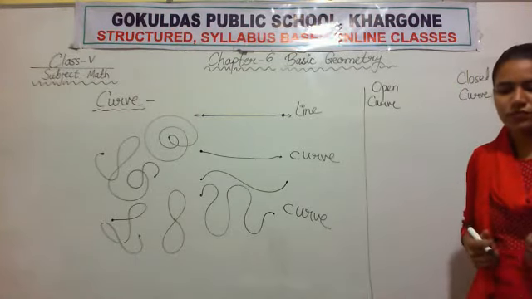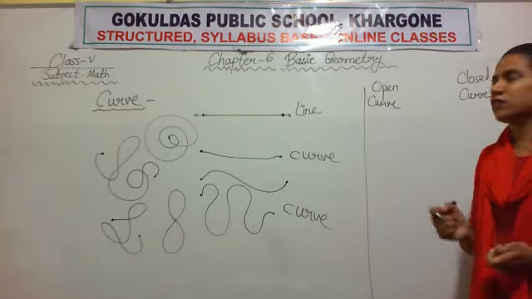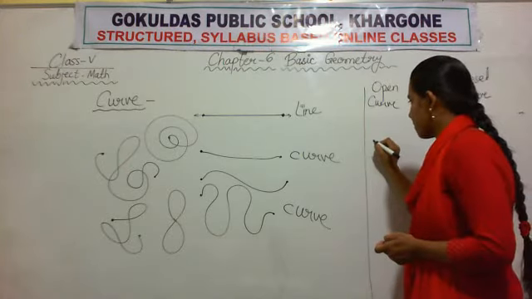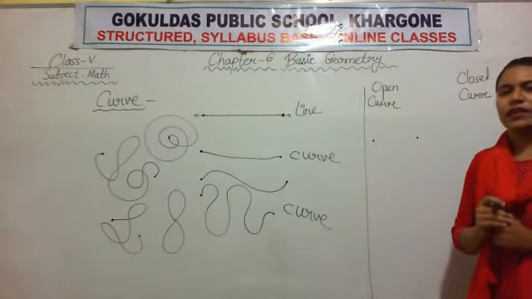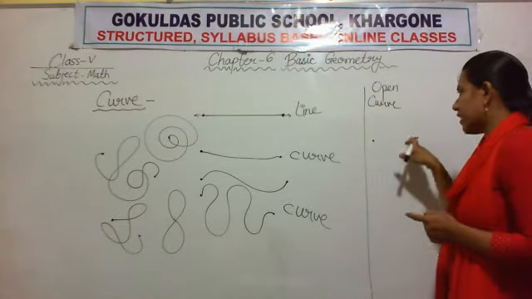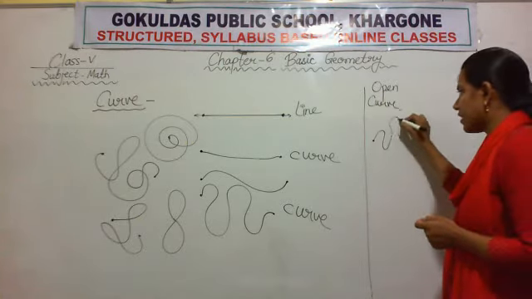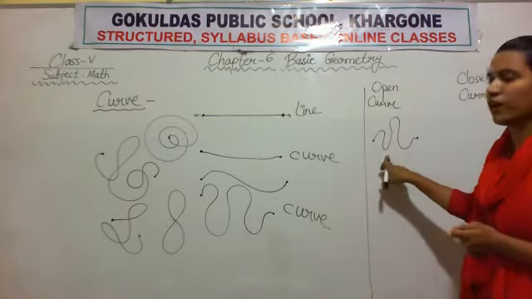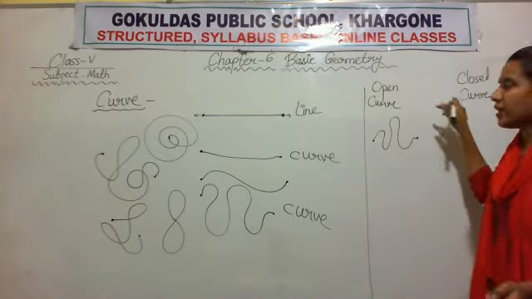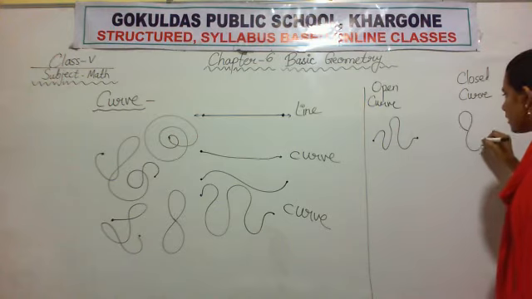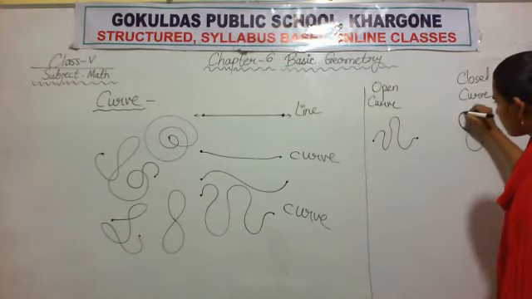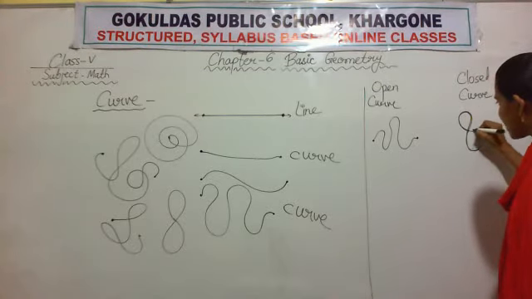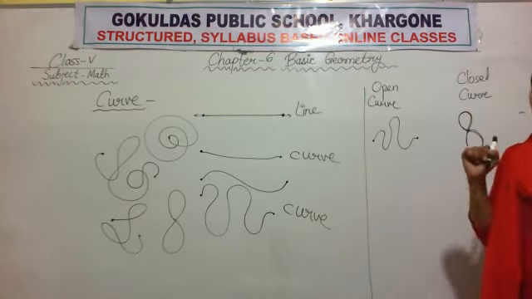So now what is open curve? We have 2 points, right? If starting point and ending point are different, it is called an open curve. If starting and ending point are same, means this curve is starting from this point and ended at the same point, it is called a closed curve.